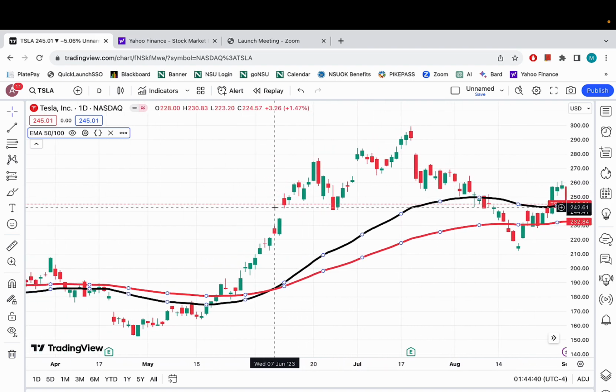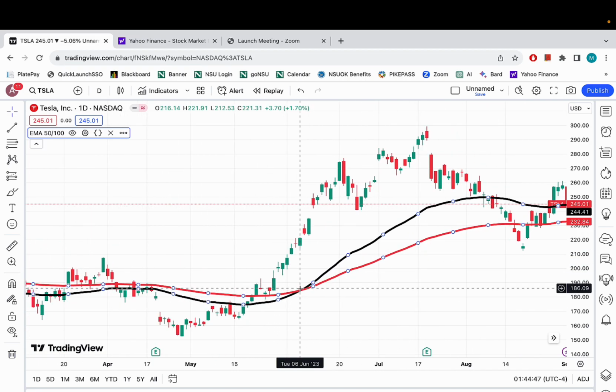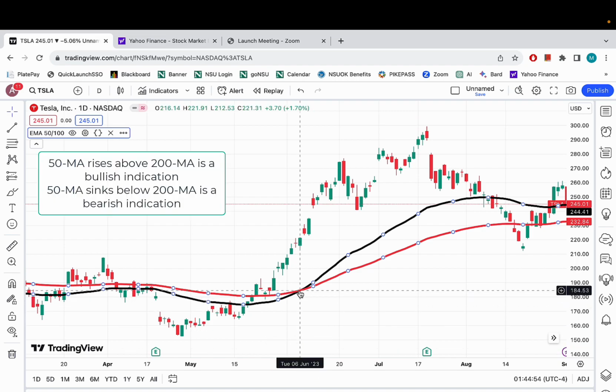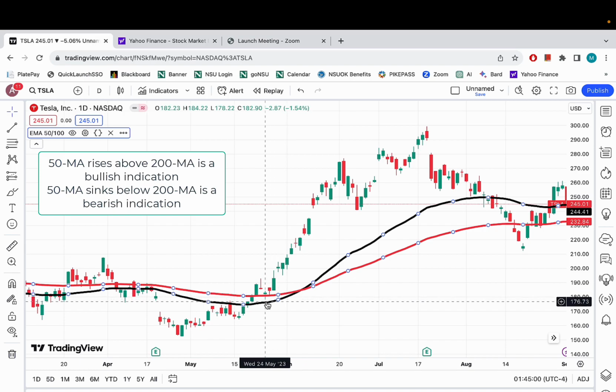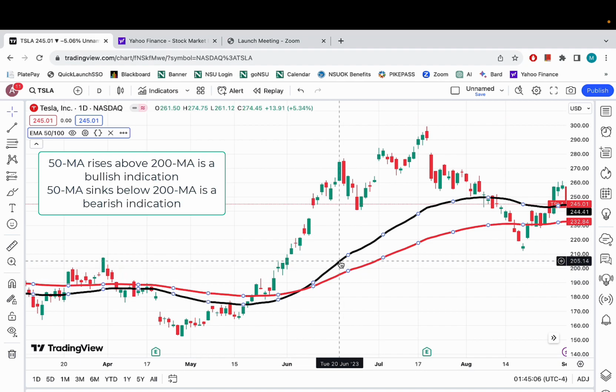Now those investors who use this technique, they consider this cross. So you can see here this cross happened somewhere in the month of June, and exactly on June 6, 2023, this cross happened, which means this black line, that's the 50-period moving average, crossed the 200-period moving average.